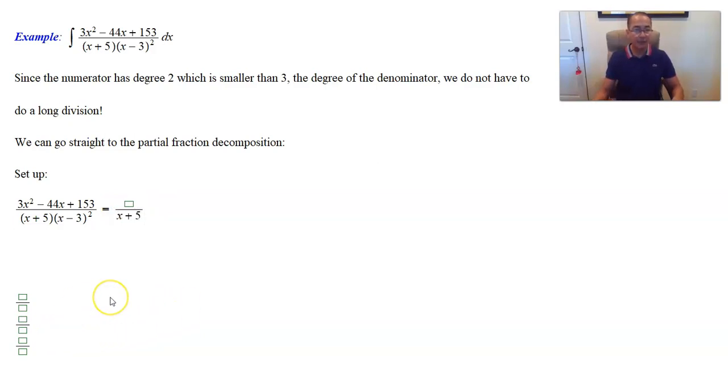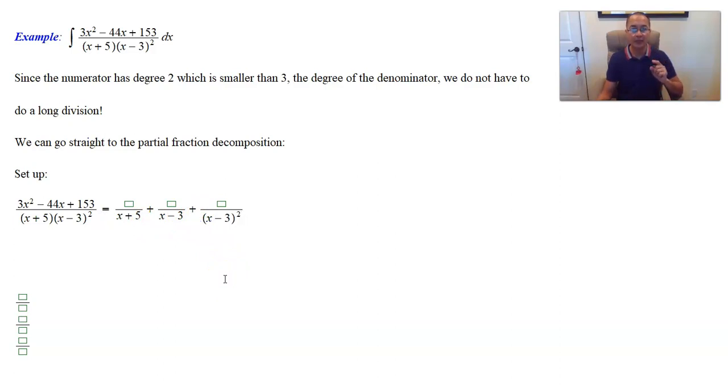As before, we're going to have x minus 3 as a second term. Watch the signs. But there's a square, so when that happens, you must include a second term. This time, instead of x minus 3, which we already have, we will have x minus 3 squared.